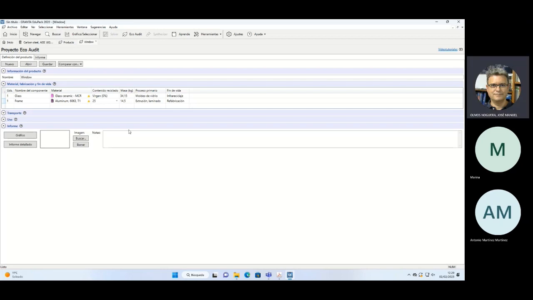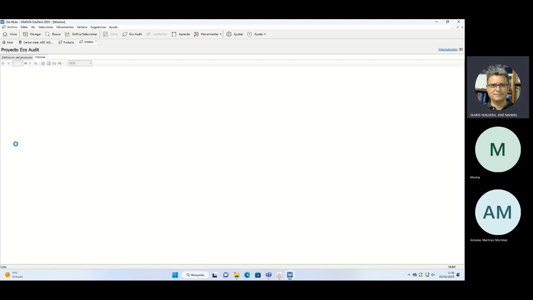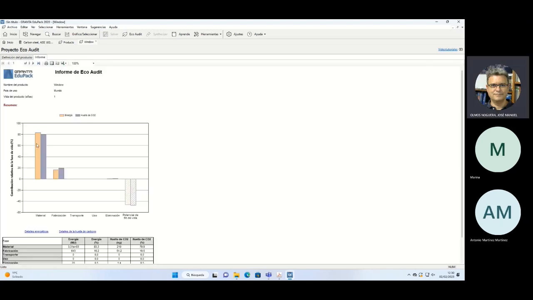But with some materials like aluminum, you have a typical percentage of recycled material inside. So then we go to the report, and we actually see that the energy and the carbon footprint are decreased. Not only with a potential end of life, we have decreased the values in here. Okay.